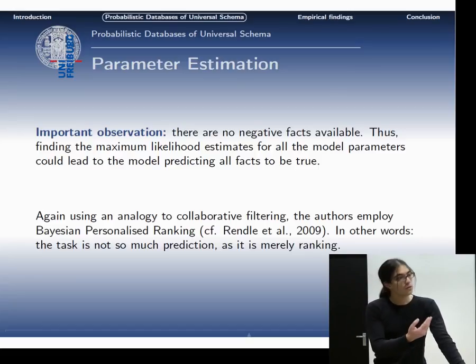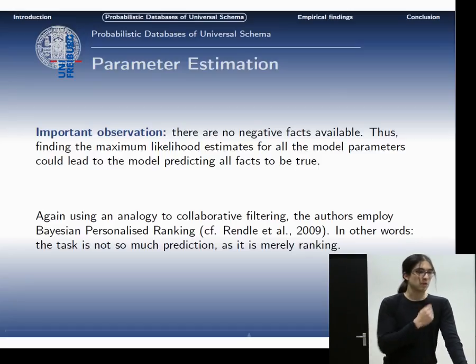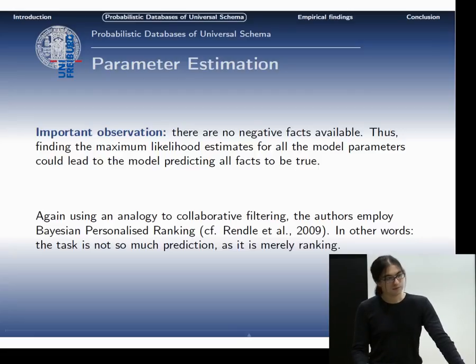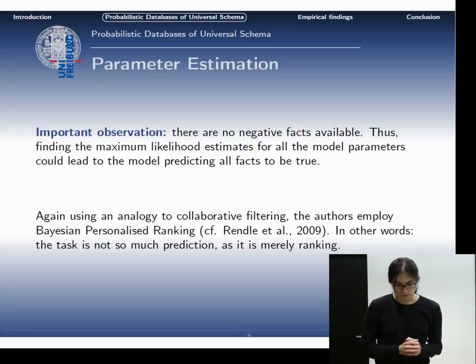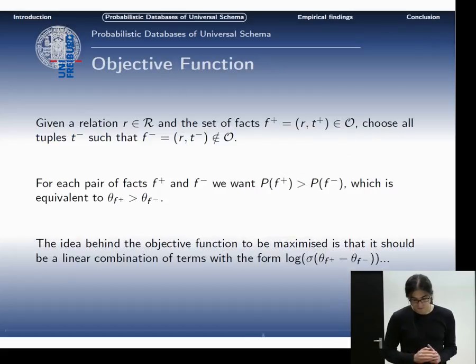The way they go around this obstacle is simply considering the problem to be one of ranking instead of simply trying to estimate the probabilities directly. And well, I'm not going to go into details about this. There are some references at the end.